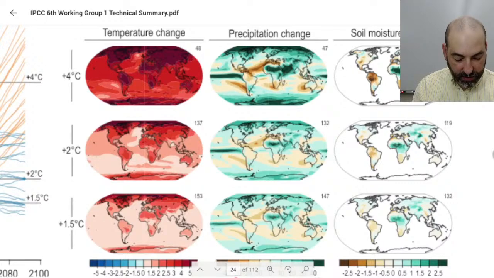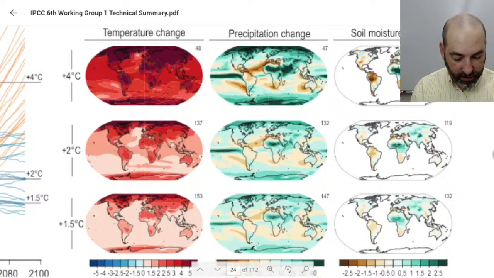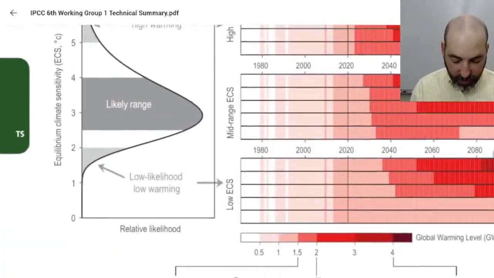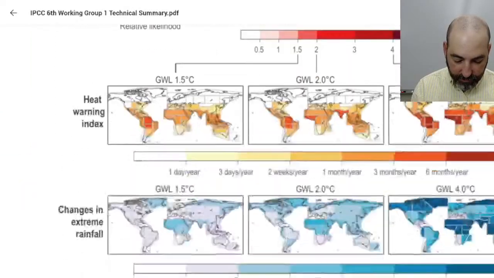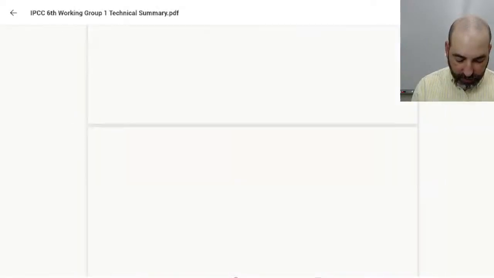You look at like the Western US here, South America, that in these worst scenarios, you have extreme losses of soil moisture. And then extreme flooding in other areas as well. So you can see some of those things from some of these graphs as you work your way through this document.